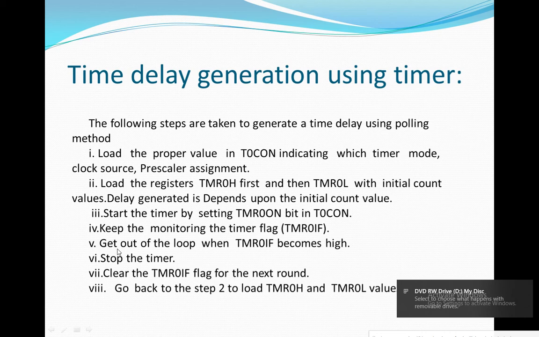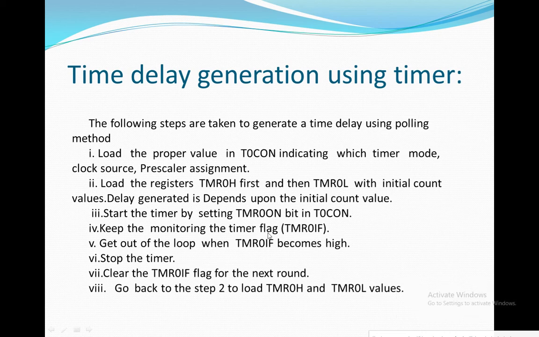Next, in the following step we will monitor the timer 0 interrupt flag. Whenever the timer 0 interrupt flag is raised to 1 by the microcontroller, that means timer 0 has overflowed. After that I will stop the timer and clear this particular flag.